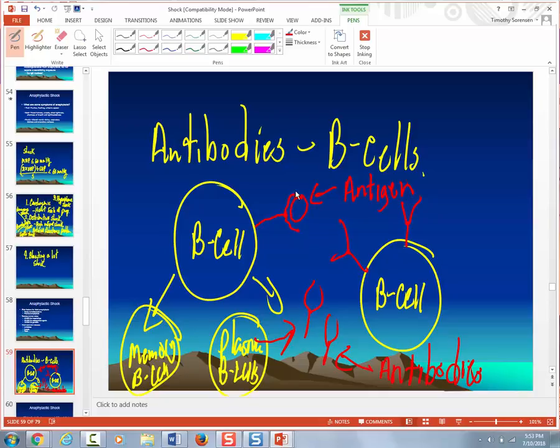If you have never been exposed to that strain of the flu, then you don't have a B cell that has been programmed already. So you have to program a specific B cell. But the process of memory cells to plasma cells and then making antibodies takes time. And in that time, that virus infects you and you get sick.